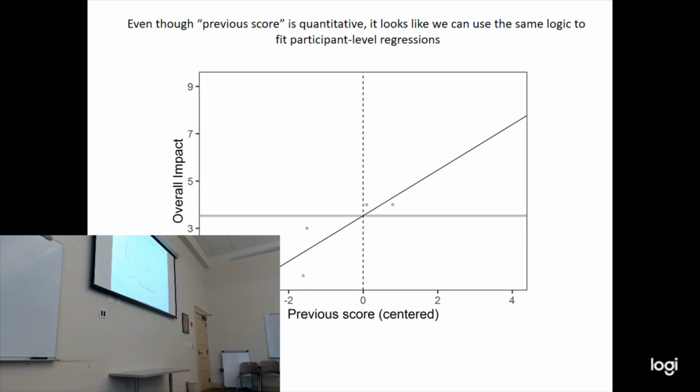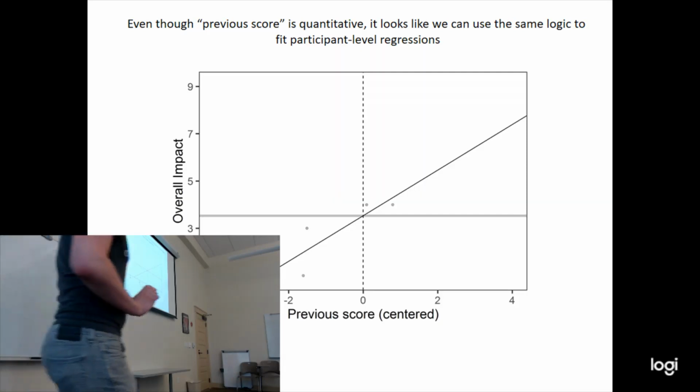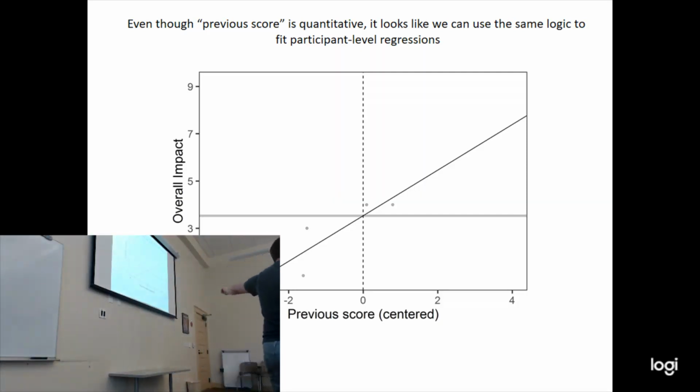One point that I want to draw out of this is that even though I changed from a dichotomous predictor, like quality, minus a half and positive half, to one that's quantitative, where people can have scores that vary from 1 to 9 on the raw scale, it looks like the same process applies. There's nothing necessarily new about what we're doing.